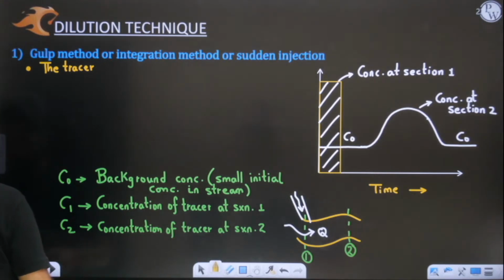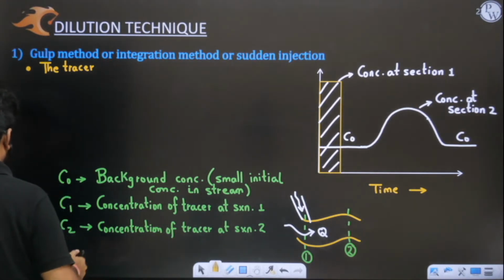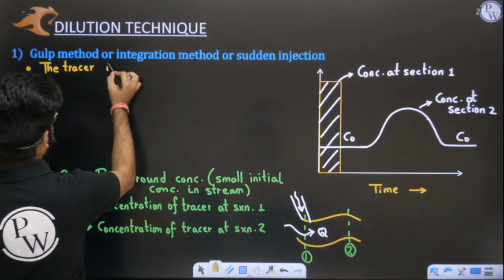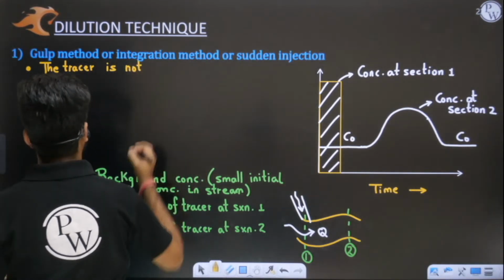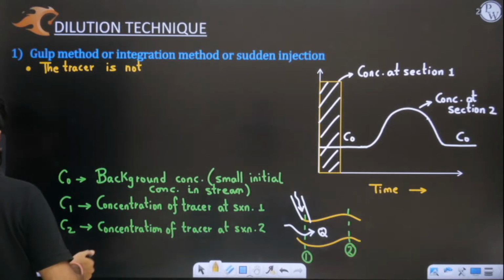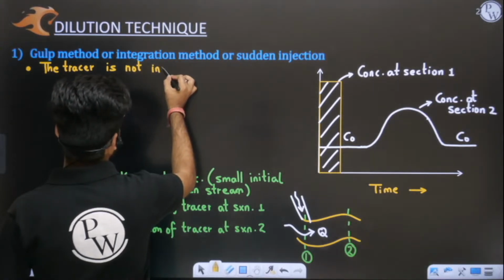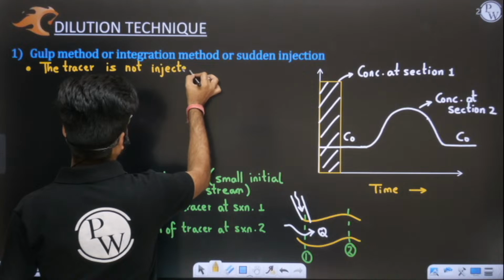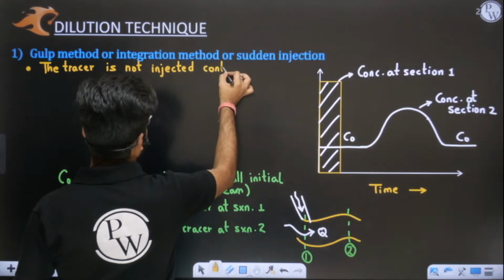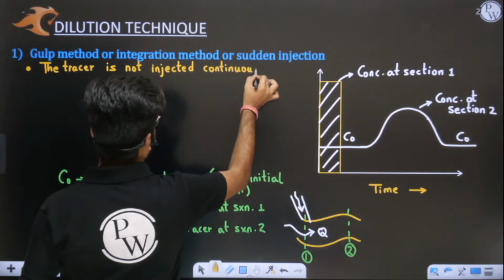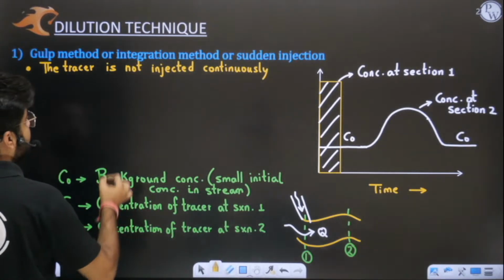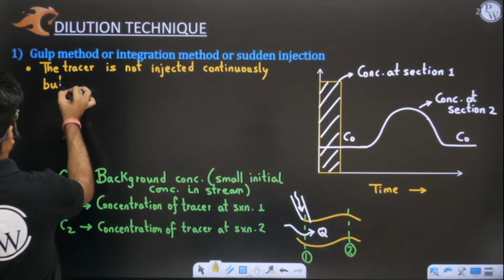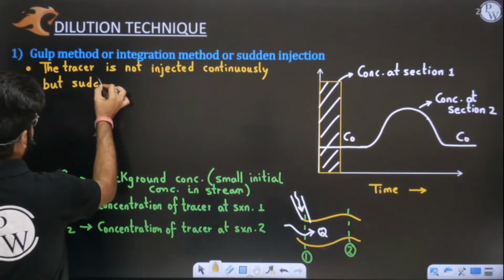In this method, the tracer is injected suddenly, not continuously.